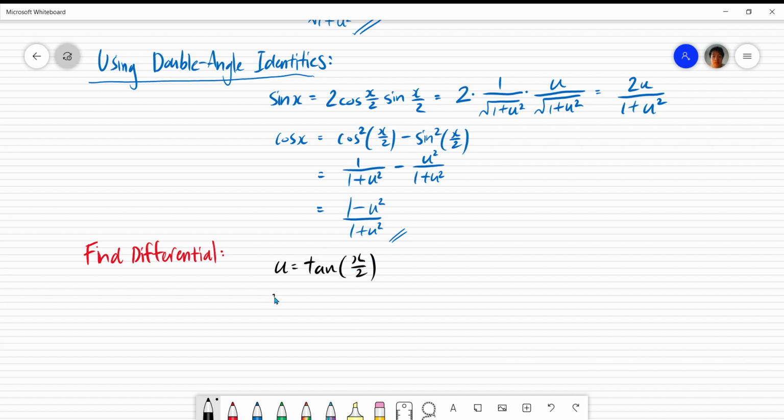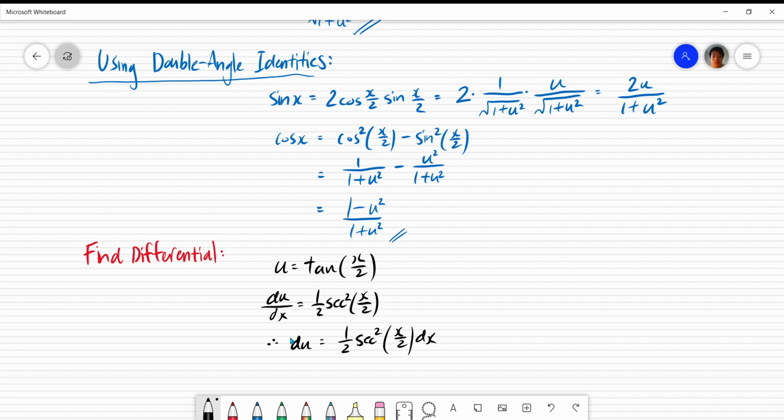Now we take the derivative with respect to x, and we get 1/2 secant squared of x over 2. So therefore the differential du is equal to 1/2 secant squared of x over 2 dx.